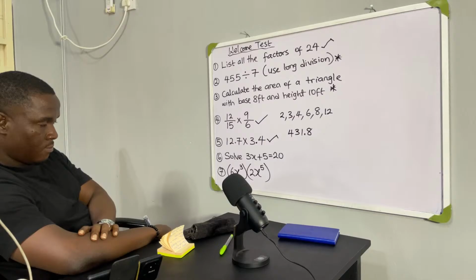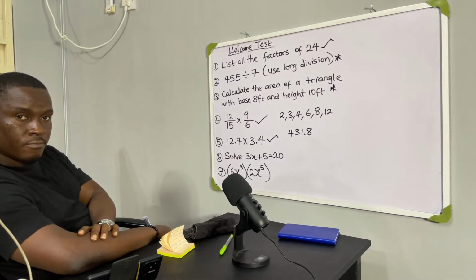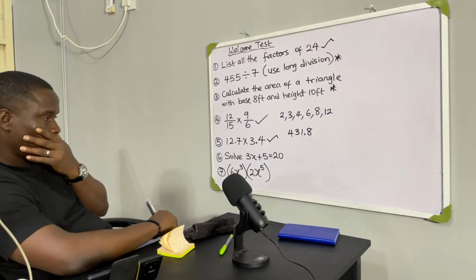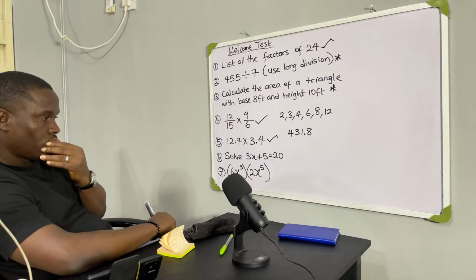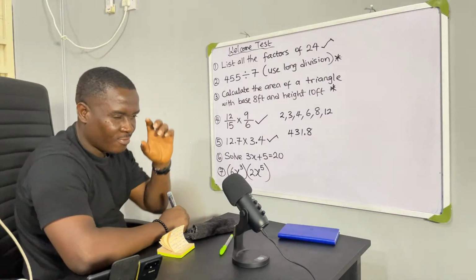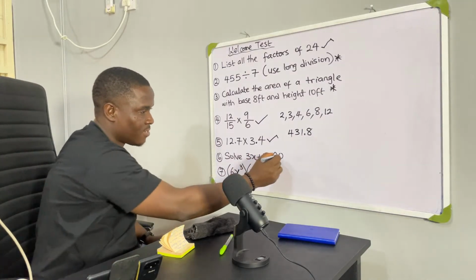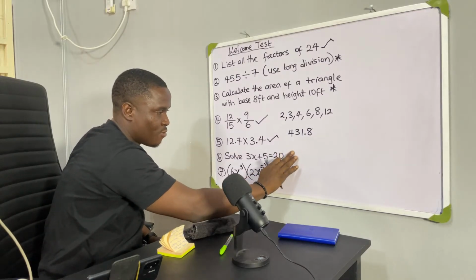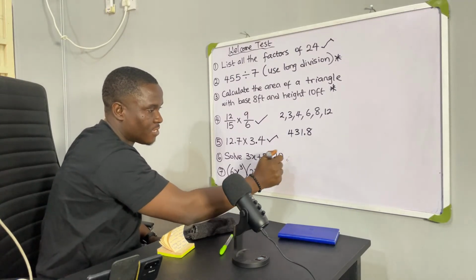So that's 20 minus 5 equals 3x. So 20 minus 5, I had 15. And then I put 15 equals... No, almost there, but no, this one we're going to put a star on it.